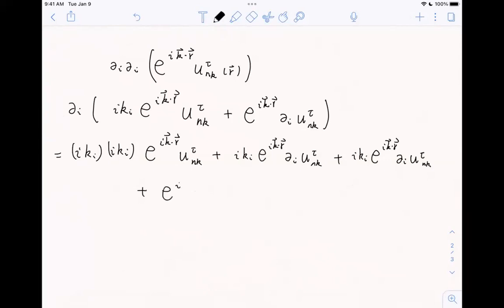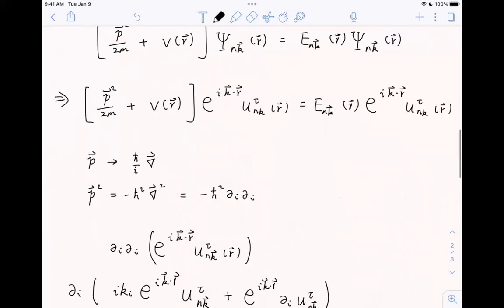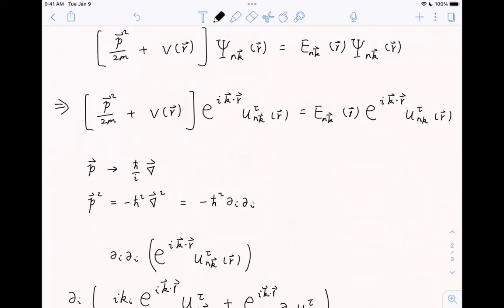Then you have NK. I mean, all of these K, they're vectors. Get the vector here. Okay, they're all vectors.